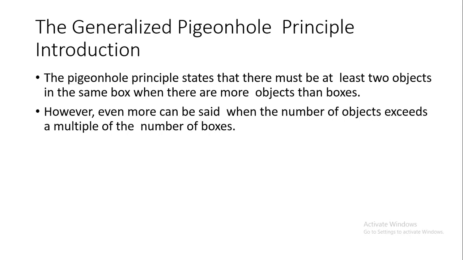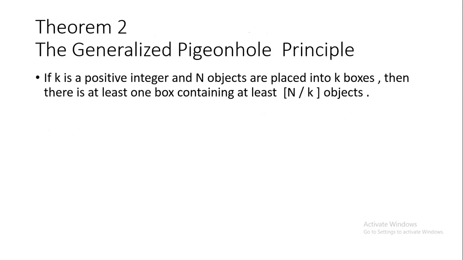However, even more can be said when the number of objects exceeds a multiple of the number of boxes. But what about when the number of objects exceeds a multiple of the number of boxes? Next, see the second theorem.